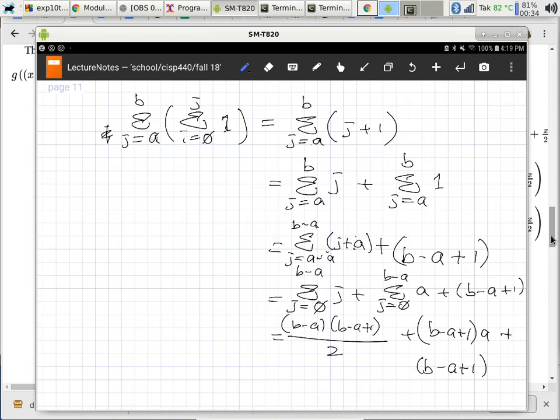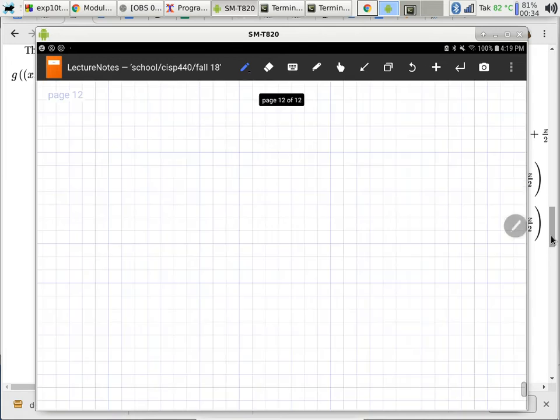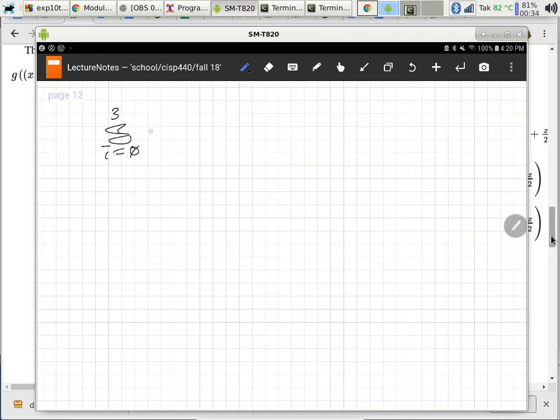Okay? Now, if it's looking too abstract, the best way to look at something like this is to give it concrete values. So we'll just say, for sigma i equals 0 to 3, what does it mean? Well, we have to specify what we are adding over.